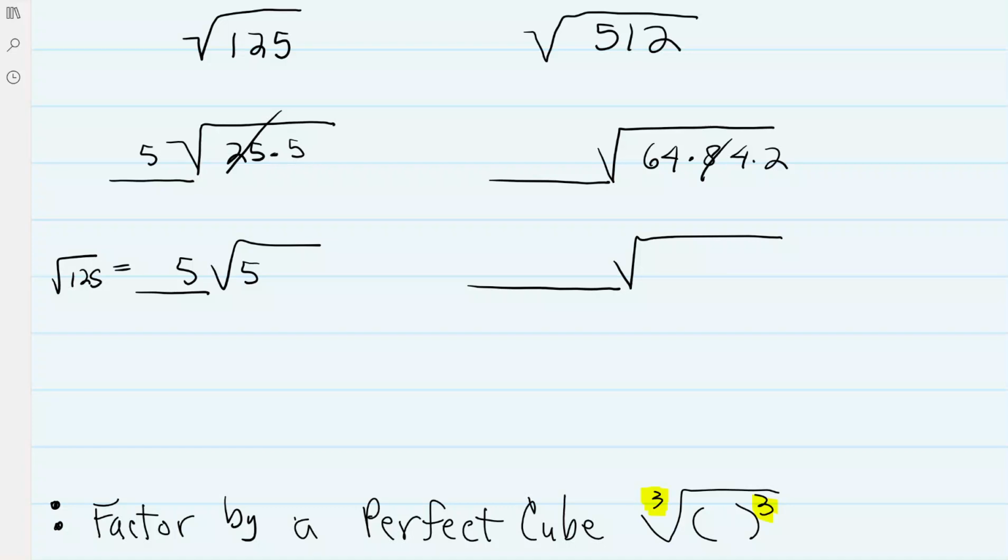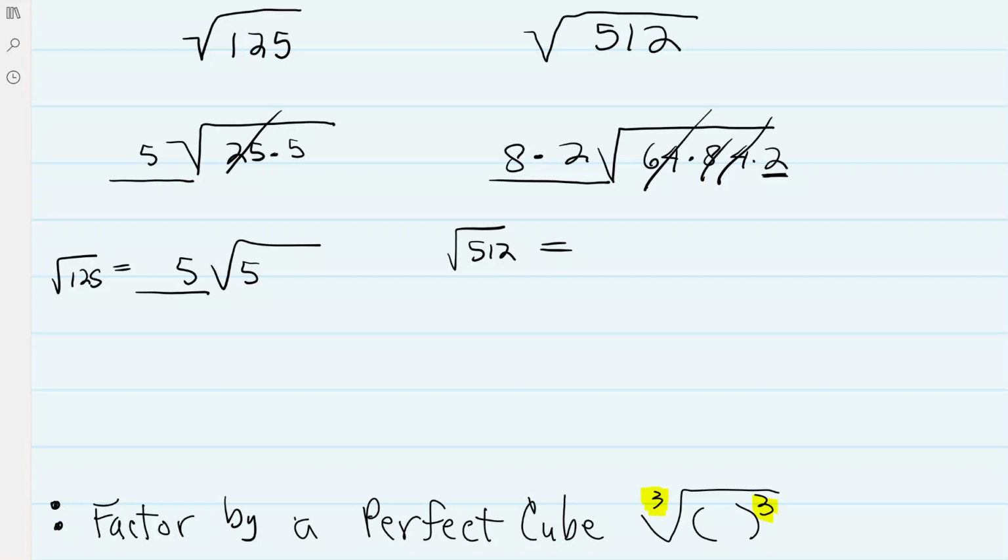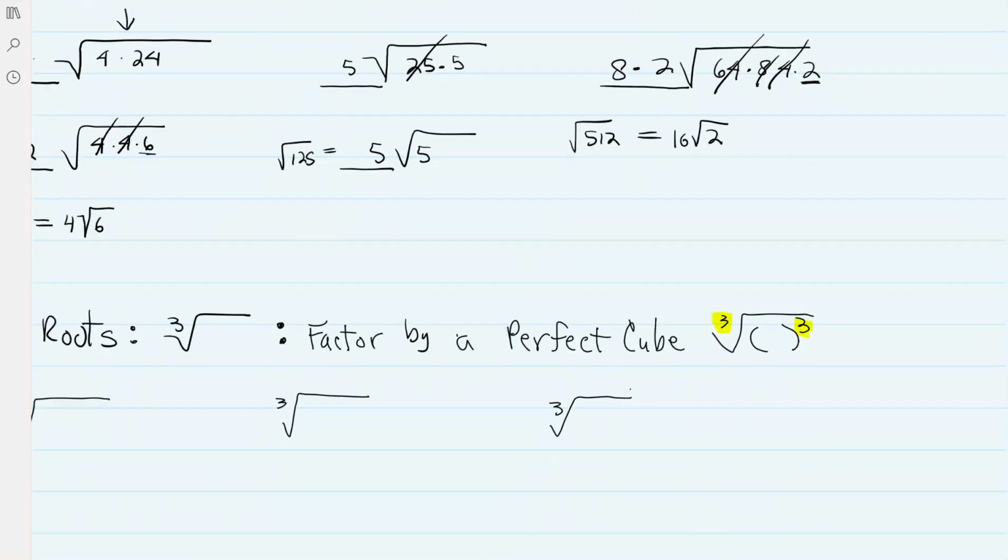You have the square root of 64, and 8 comes out. The square root of 4, a 2 comes out, and look at what's left. You have a 2 that's left. So let me rewrite this. The square root of 512 is equivalent to 8 times 2, which is 16, and what's left under the radical is a 2. All right.